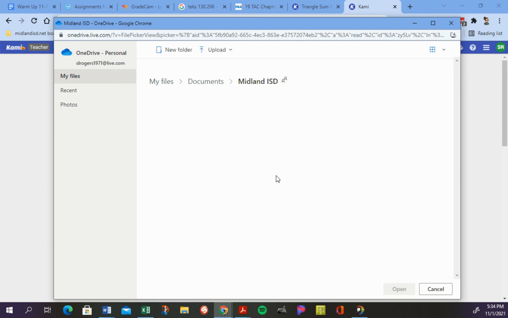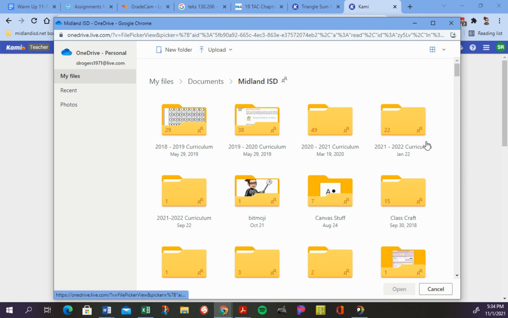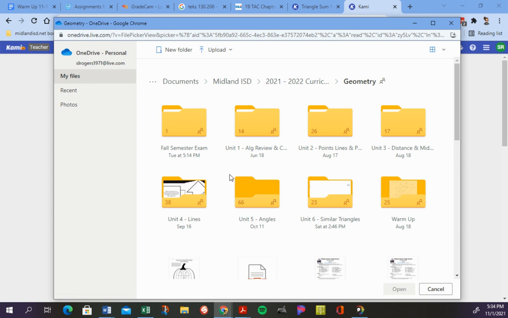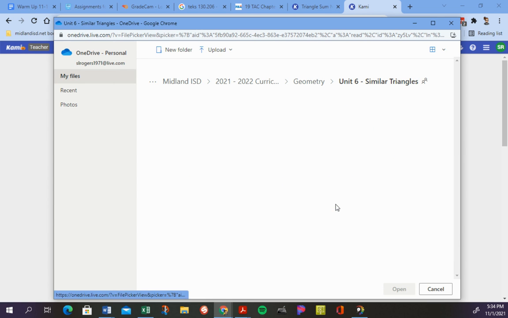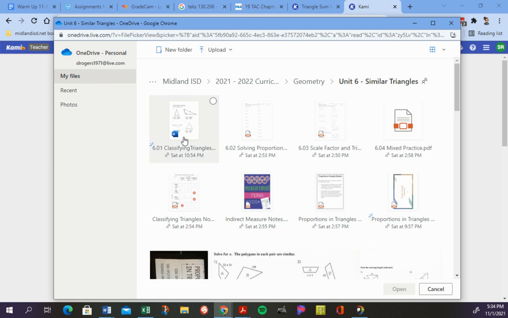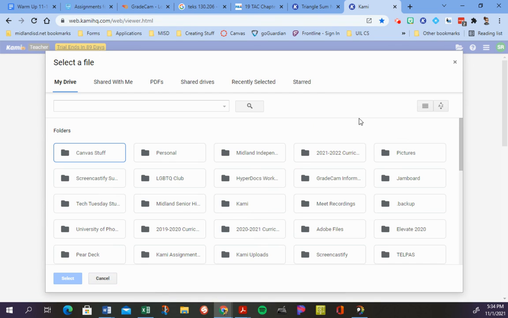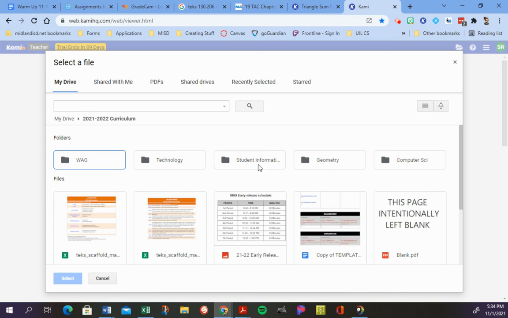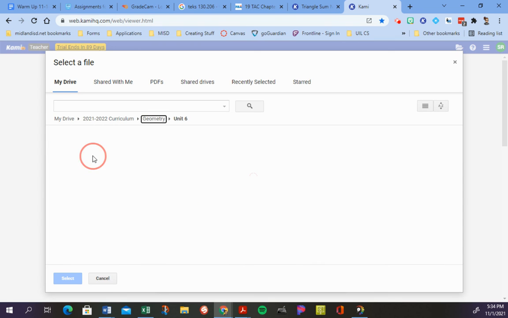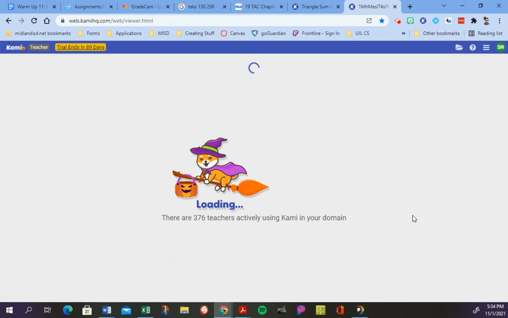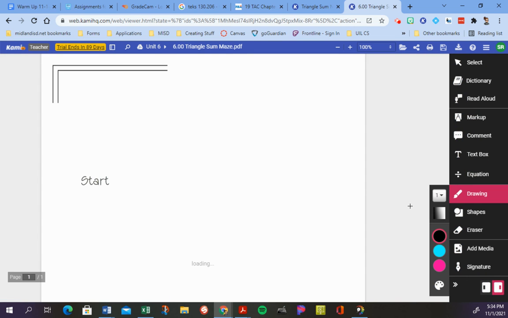Should have had this open already. Unit 6. And it's 6.0. Oops, it's in my Google Drive. Sorry. Forgot where I put it. It's geometry still, unit 6. Let's see, here it is. Let's take a look at the maze.